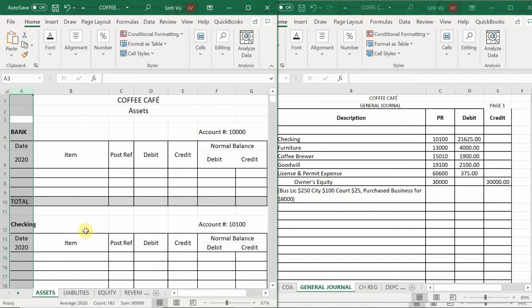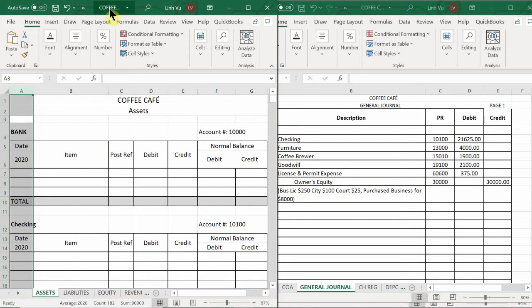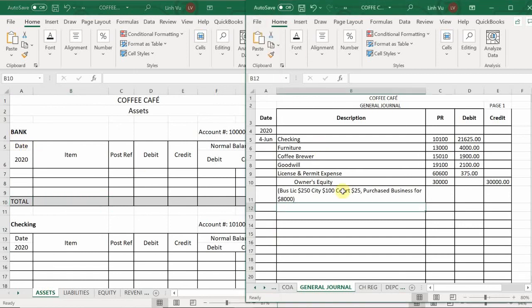All right? So here we are, general ledger over here. So my first account that I have here, and this is the best recommendation that I want you guys to follow through, make sure that you don't skip around, because at the end of the Coffee Cafe week, we're going to run a trial balance.